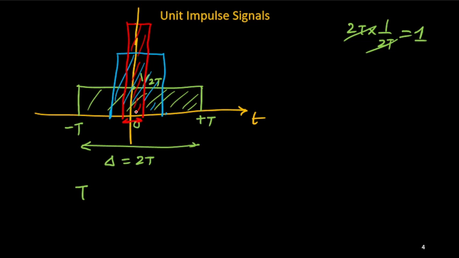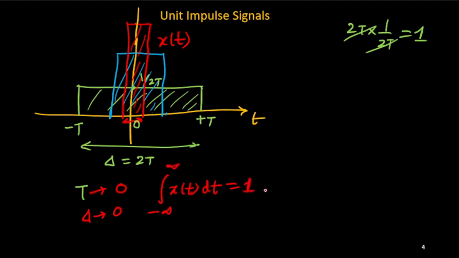So we can reduce this T, so T is approaching 0. At that time this height will become infinite, but the area will remain 1, and the width is becoming close to 0. If I call this signal x of t, then the integral of x(t) dt from minus infinity to infinity, this total area, will remain 1 all the time.